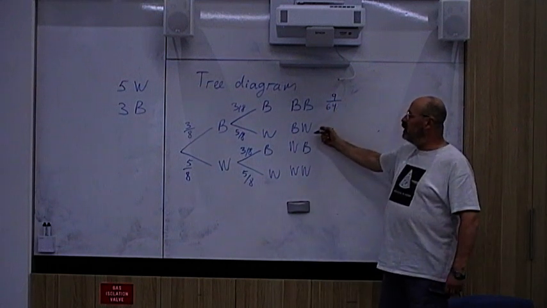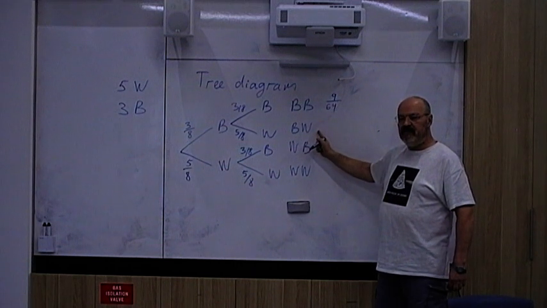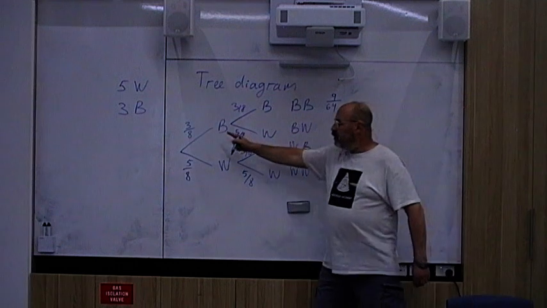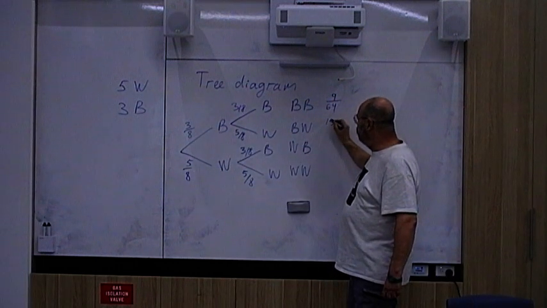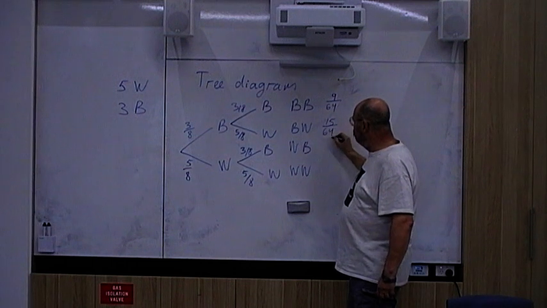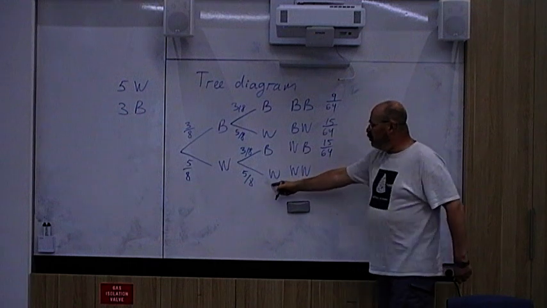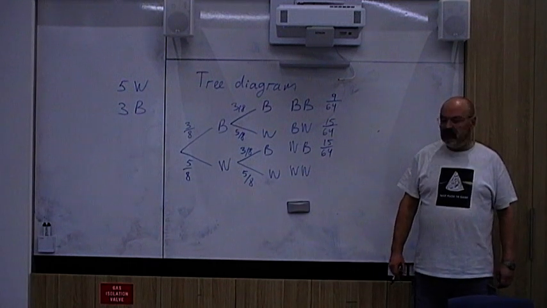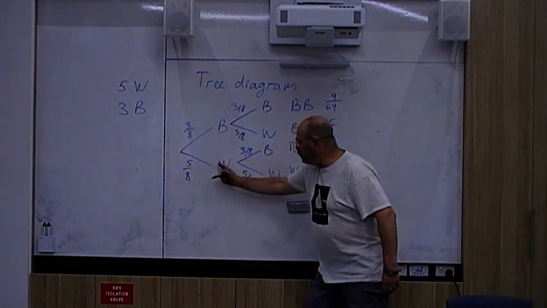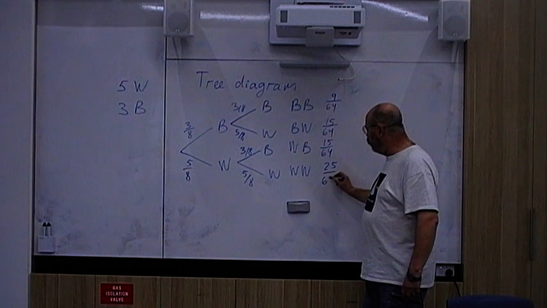What will be the probability of getting 1 black, 1 white here? 3 8ths times 5 8ths will be 15 over 64. Same here, 15 over 64. What will be the probability of getting 2 white marbles? We multiply 5 8ths by 5 8ths, 25 out of 64.